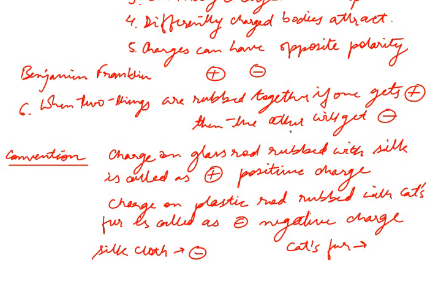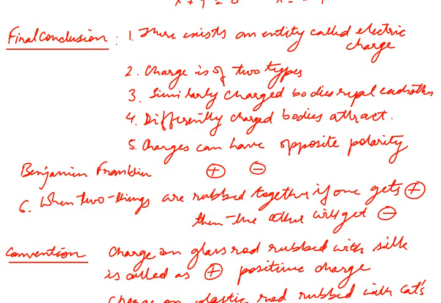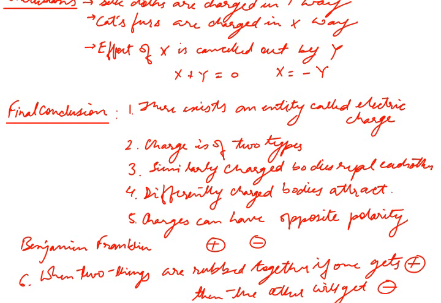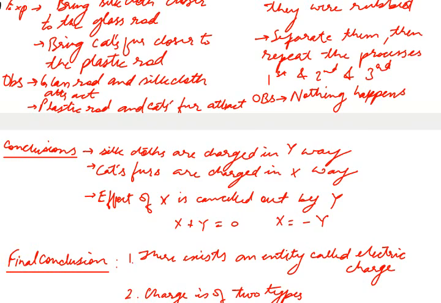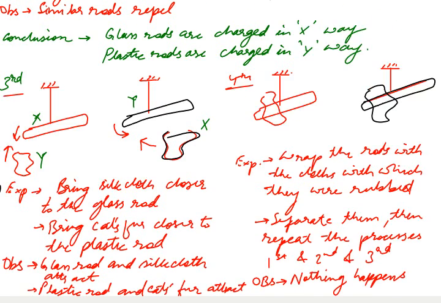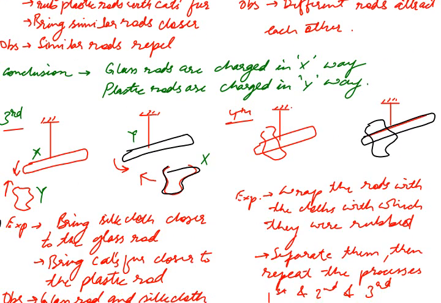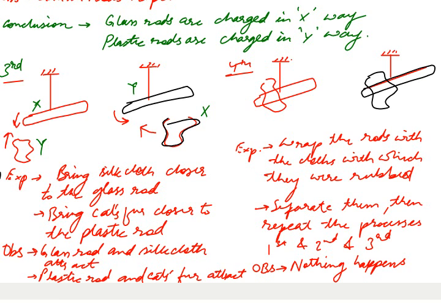So if the glass rod is positive, the silk cloth is negative, and if the plastic rod is negative, the cat's fur will be positively charged. In this experiment you have seen how charge was discovered and how its properties were ascertained. We derived different conclusions from the observation of the four processes.